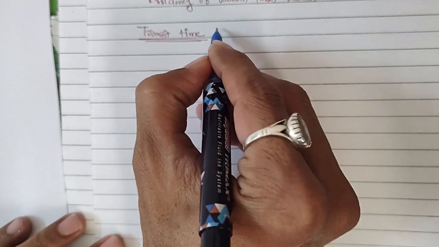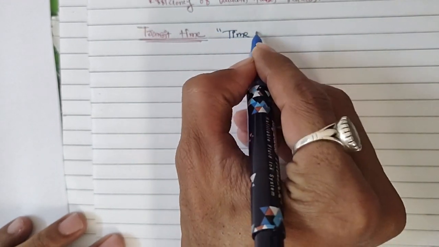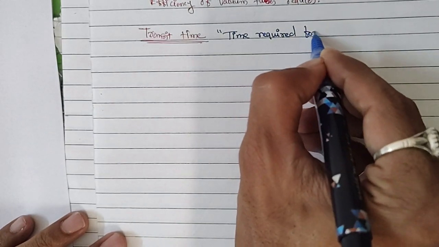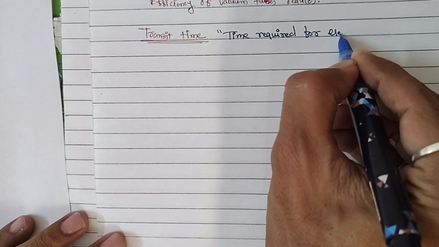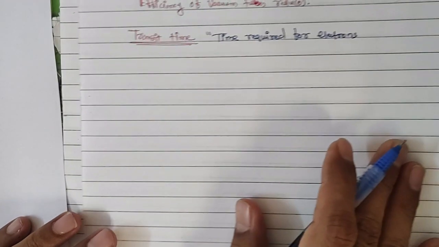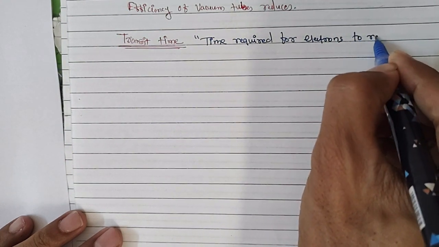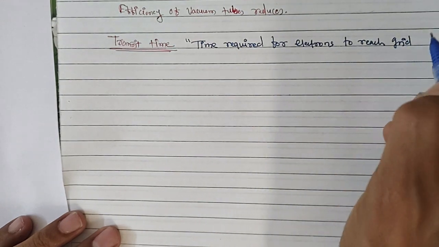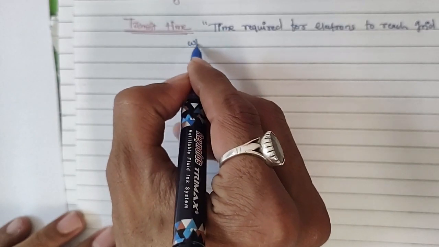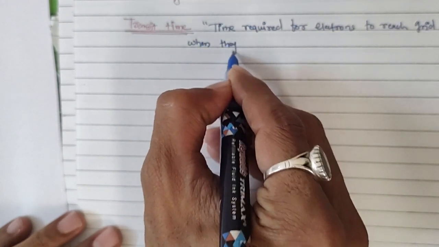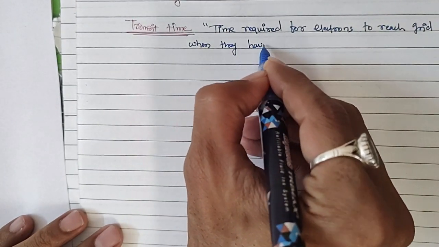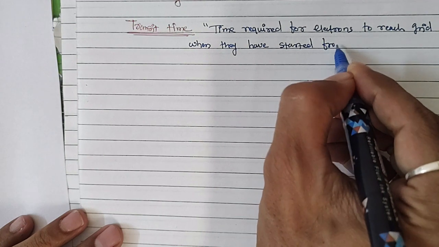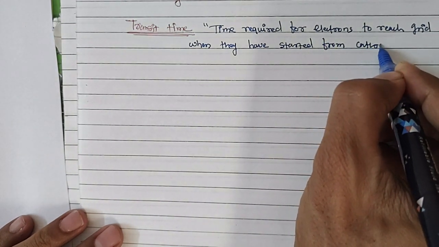It is time required for electrons to reach grid when they have started from cathode.